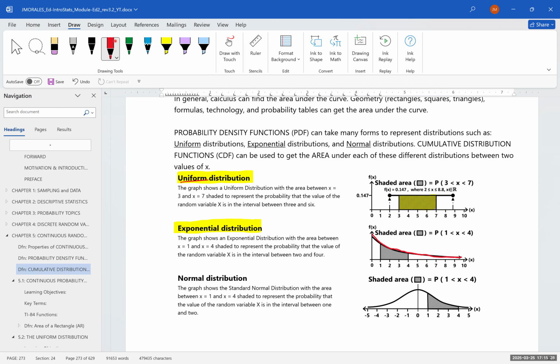Whereas on a uniform distribution, it's defined by this horizontal line or this horizontal curve. And I just mentioned that in chapter 6, you're going to be looking at a normal distribution. And a normal distribution has this bell-shaped, kind of hill-shaped symmetrical curve to it, and we'll be calculating probabilities by calculating the area under the curve and between values of x.